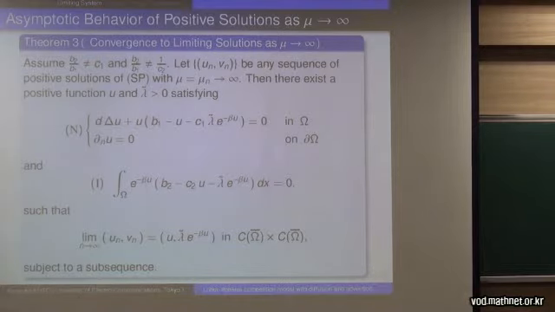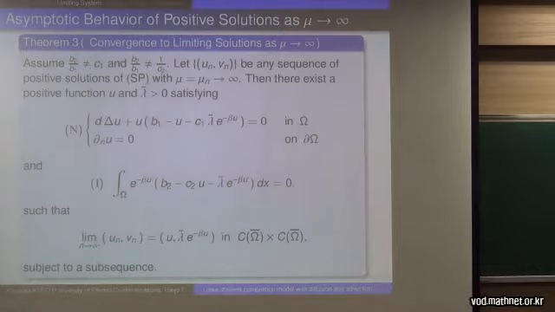Then you can find a limit positive function u and a positive parameter lambda tilde, such that un approaches u, vn approaches this function, and this limit satisfies this Neumann problem and this integral equation. In the sense of this theorem, this system N and I is a shadow system, or limiting system, of the original system SP as mu tends to infinity.